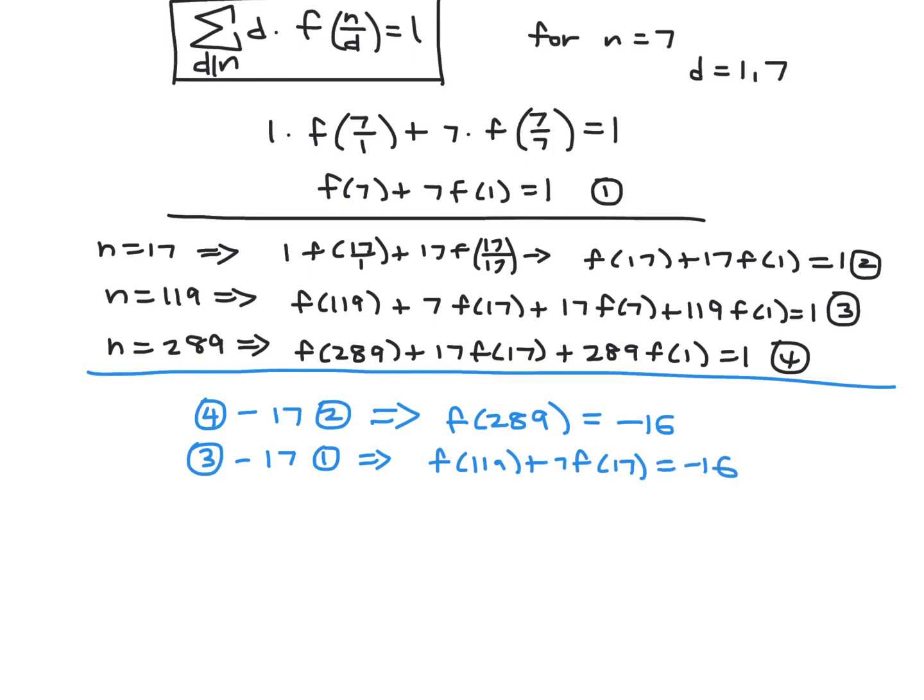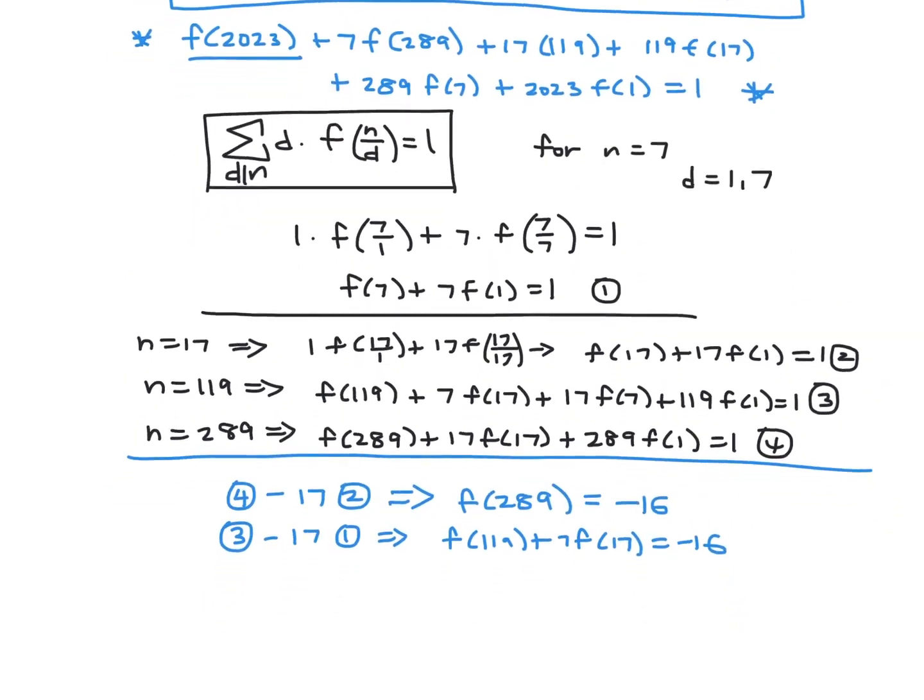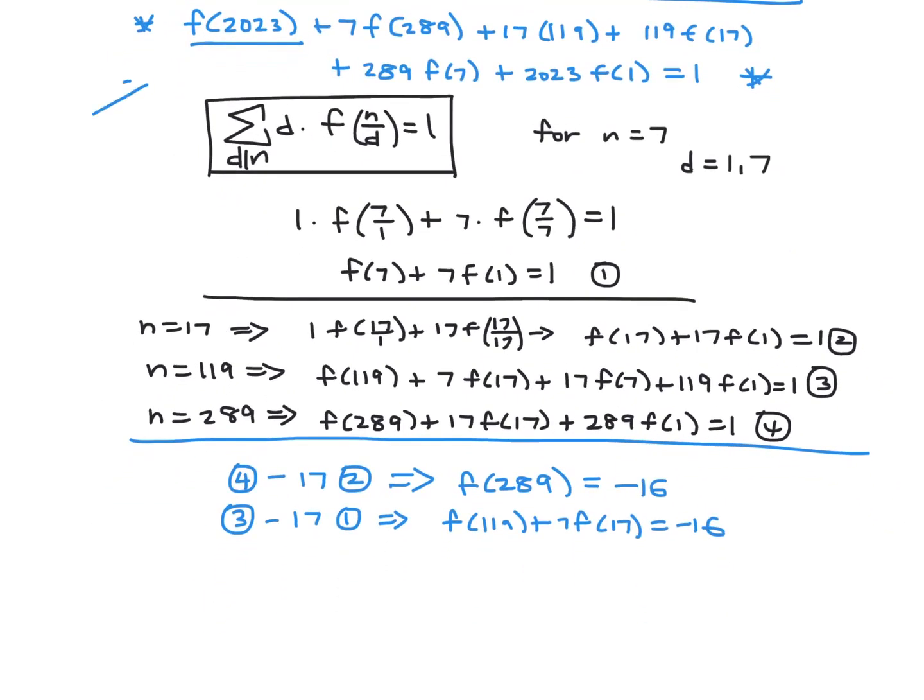And then if we sub these two findings into our original equation, which is up there, we will get the following. We'll have f at 2023 will be there. The 7 times f at 289, so 7 times minus 16. Then the 17 times 119, let's see here.